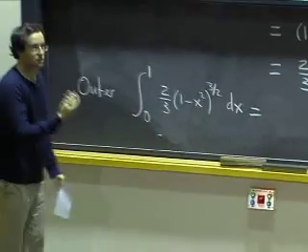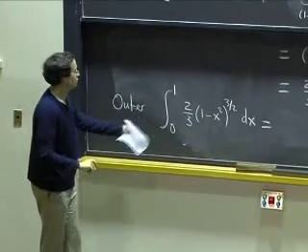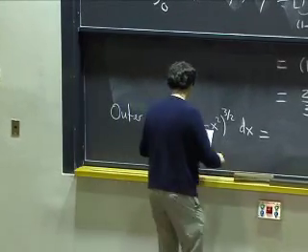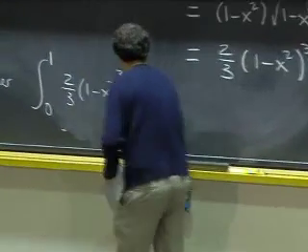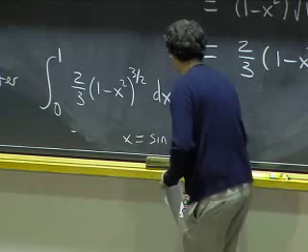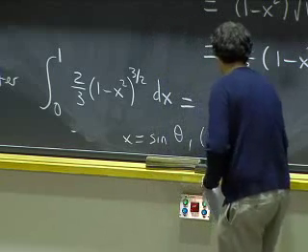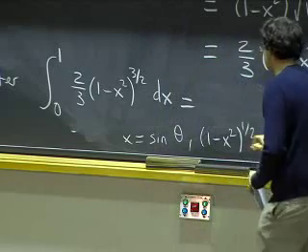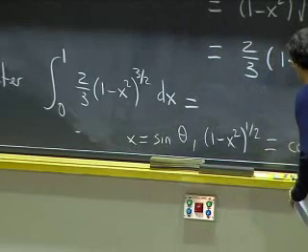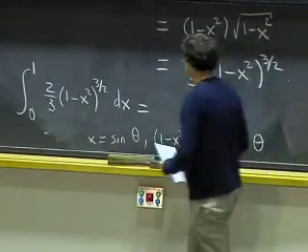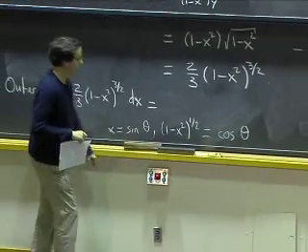Well, we have to do trig substitution. That's the only way I know to compute an integral like that, okay? So we'll set x equal sine theta, and then square root of 1 minus x squared will be cosine theta. Okay, we're using sine square plus cosine square equals 1.